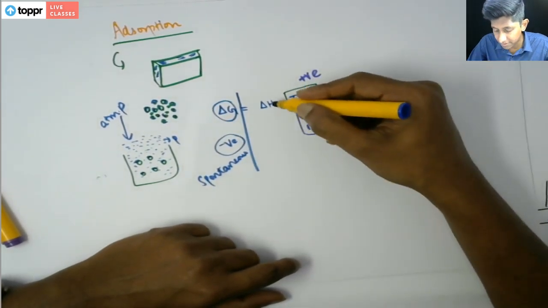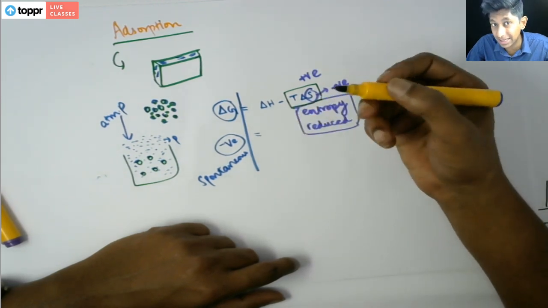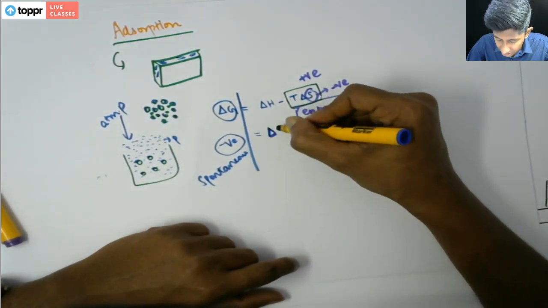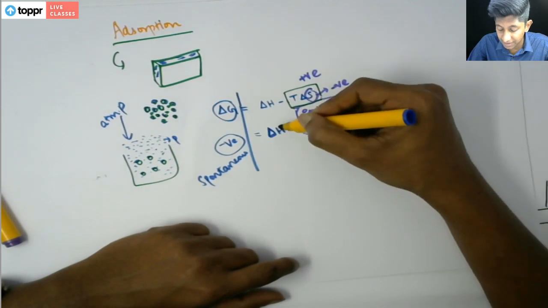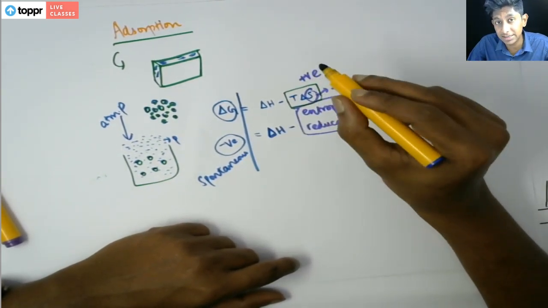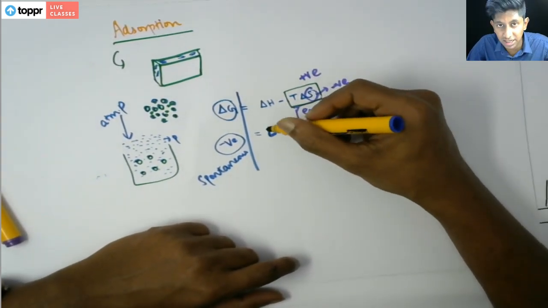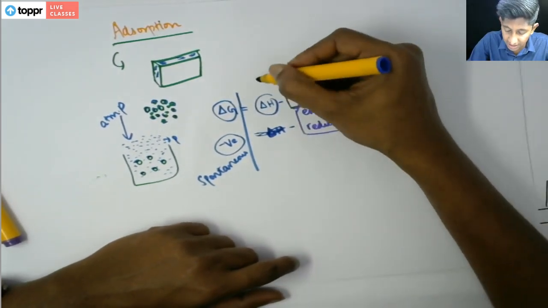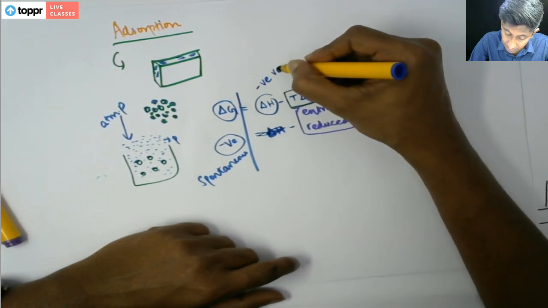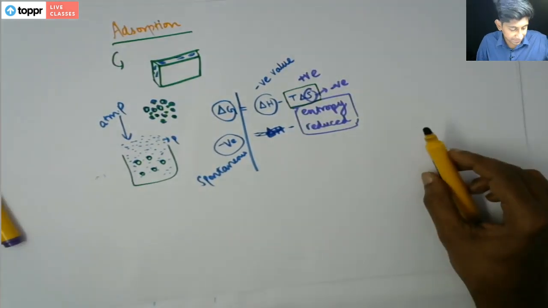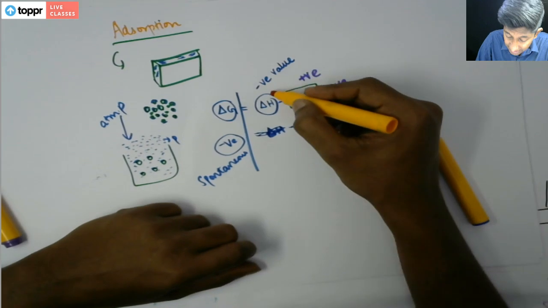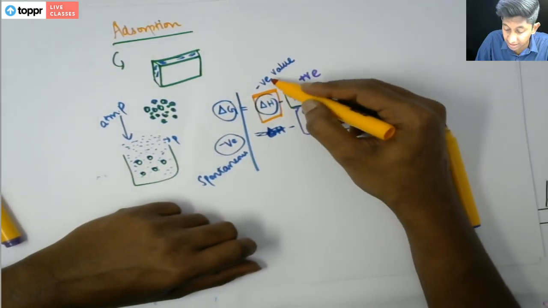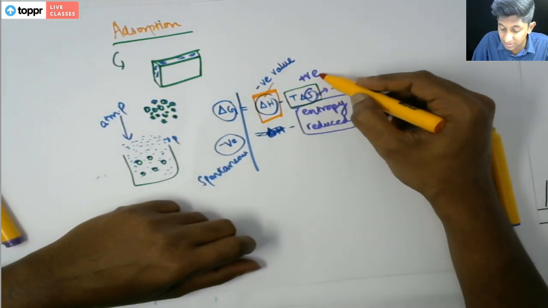So here we have delta H, which is the enthalpy change. Delta H is high for the initial start, the starting stages of any adsorption. Delta H is a very high negative value. So as you can see, this thing is negative and this whole thing is positive.